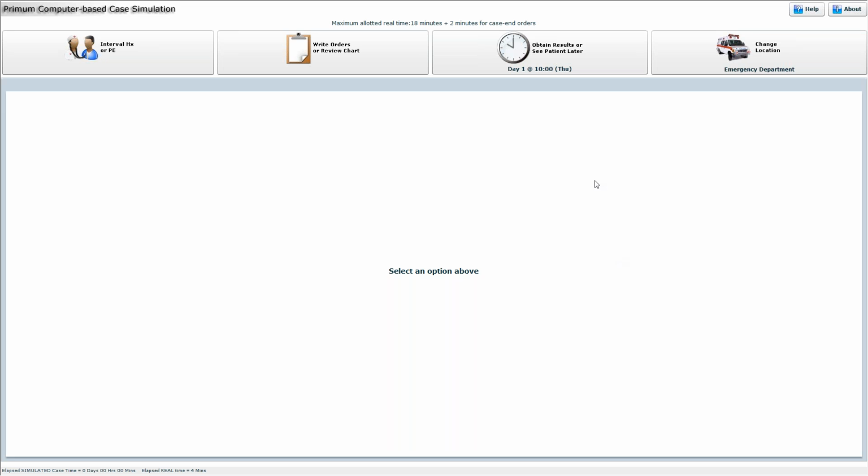Okay, thank you. So I can spotlight that real time area for you. This is the real time, it says 4 minutes. It's really at the bottom. And the simulated time is 0 minutes, because I haven't advanced the clock. So the simulated time is not going to change. Real time is 4 minutes.